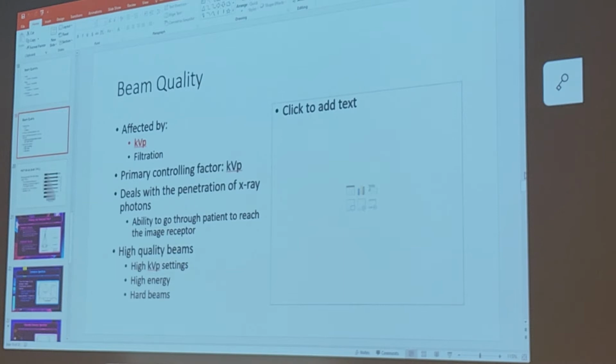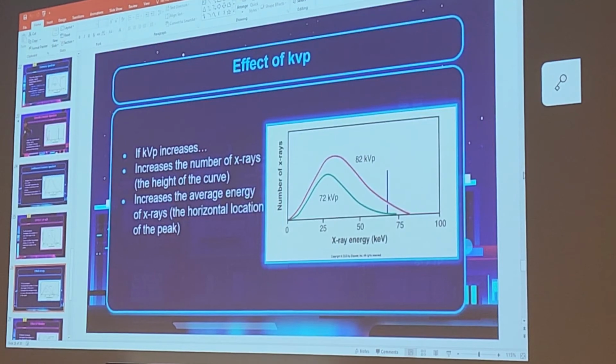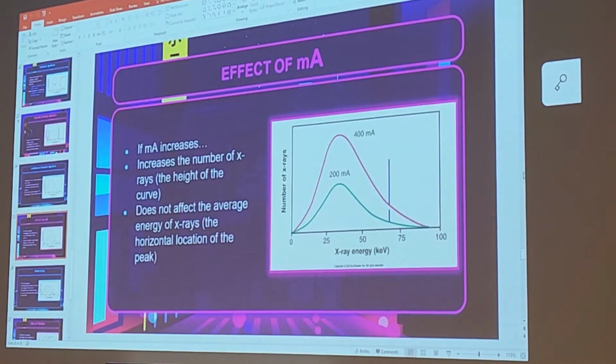KVP and filtration. Do we see MA? No. So does MA change our quality? It does not. But instead of having to remember all that, you could just memorize what this graph looks like, and just remember that on MA, the graph moves up and down, but it does not move side to side.